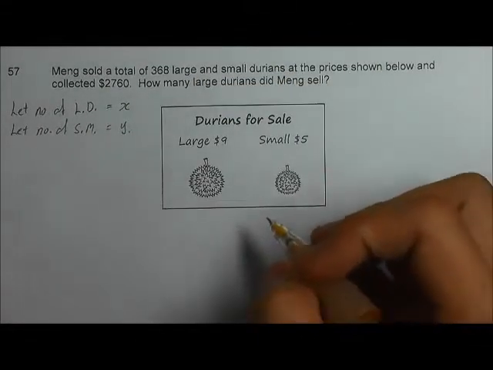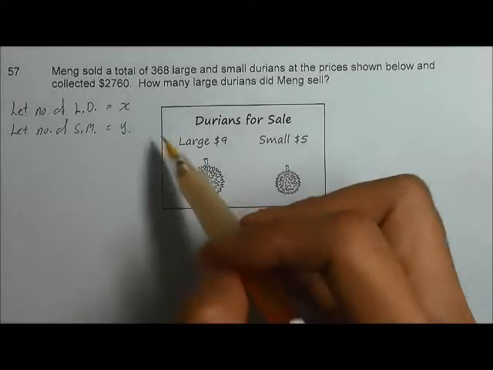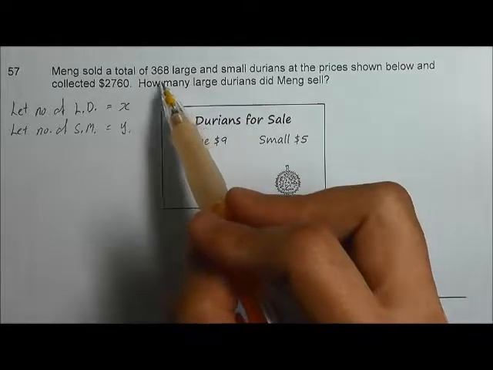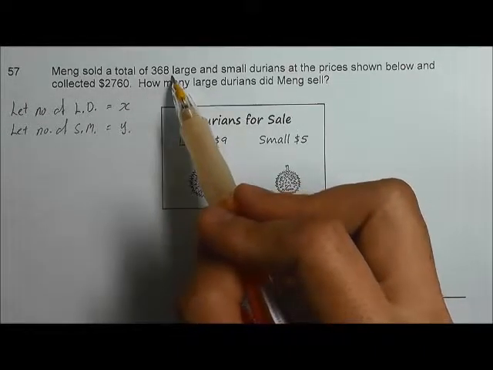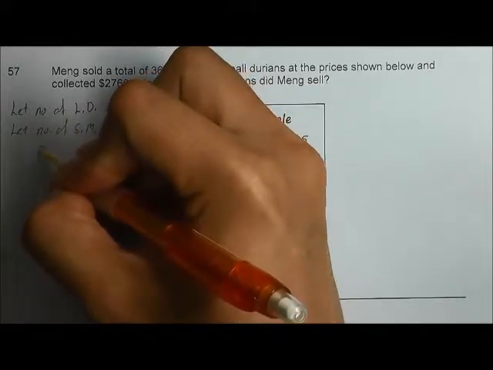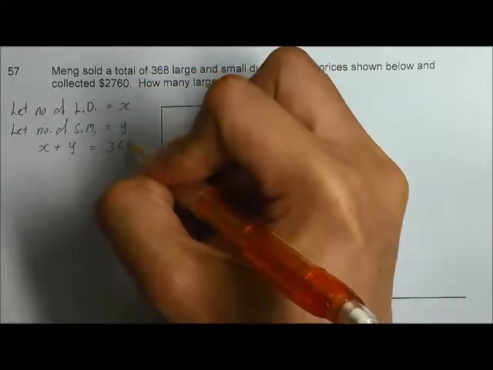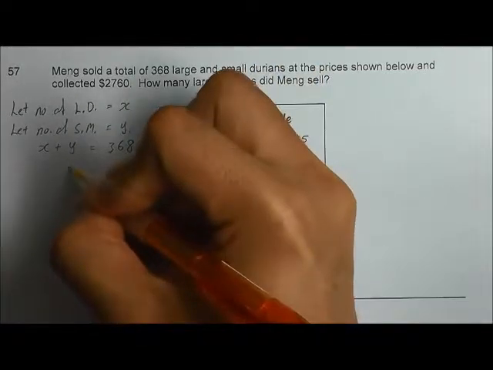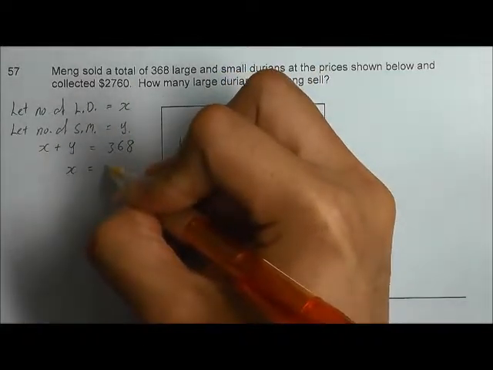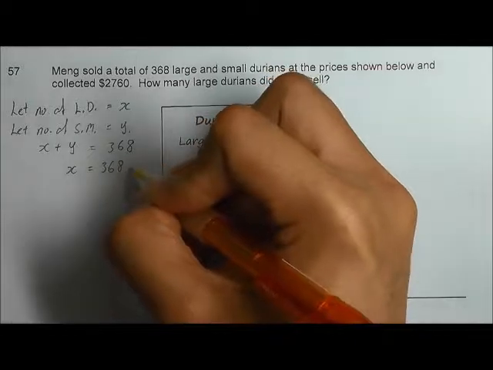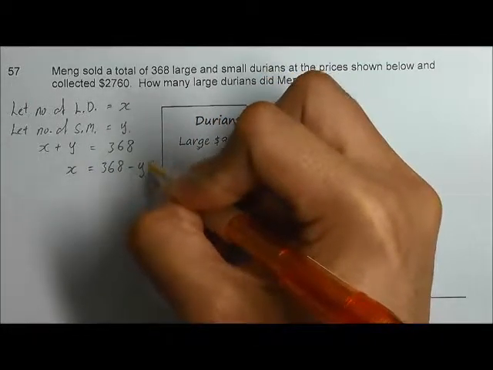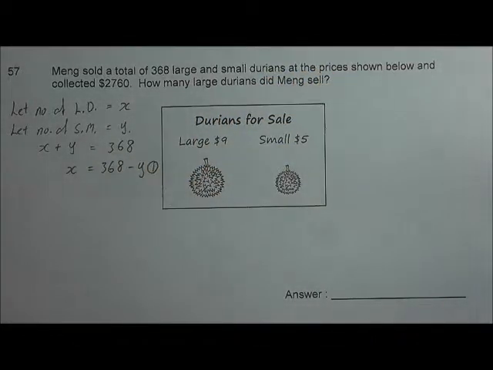Now we can form 2 equations. We know that the total number of durians is 368. So x plus y is going to give us 368. So x is equal to 368 minus y. This will be our first equation.